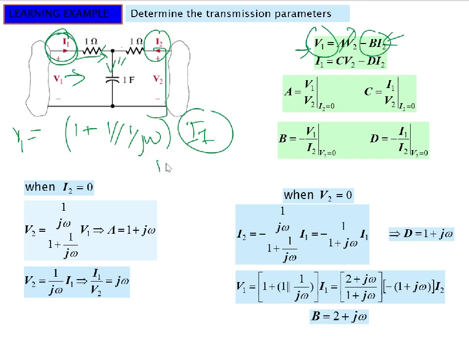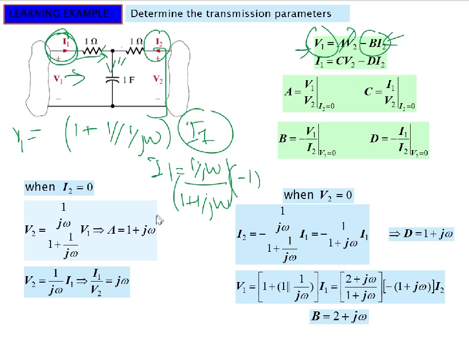So I1 would be equal to the part in which this I2 is not going, 1 over j omega, divided by the total paths, so 1 plus 1 over j omega, whole into minus 1. Why? Because both currents are in the opposite direction to I2.